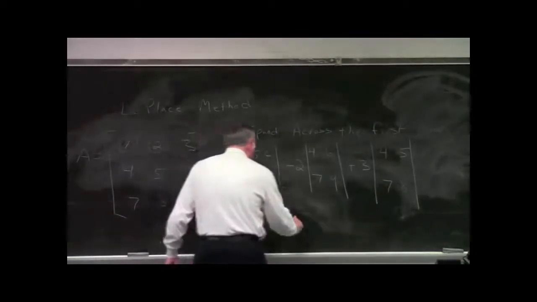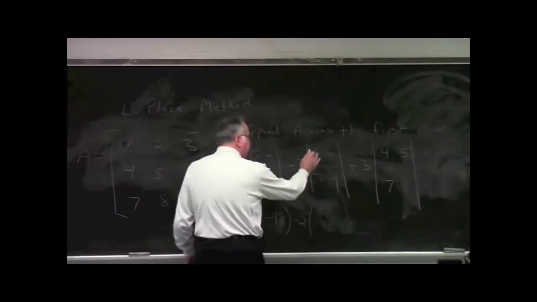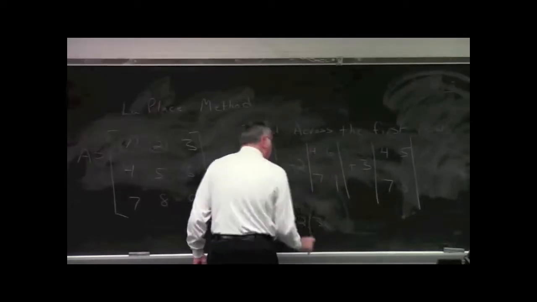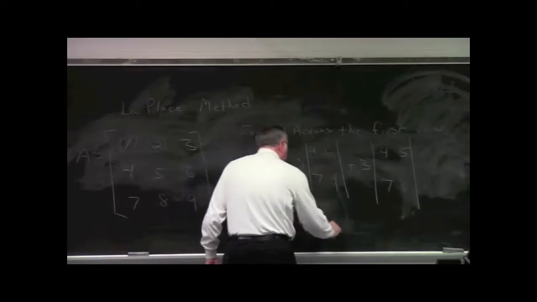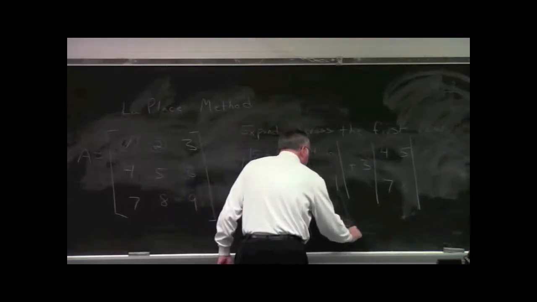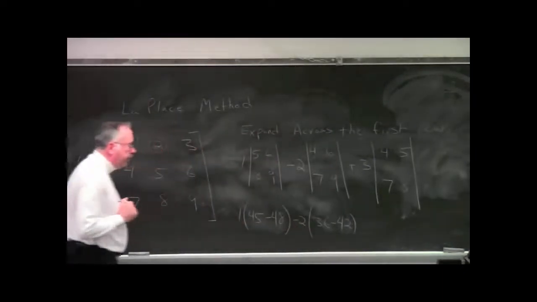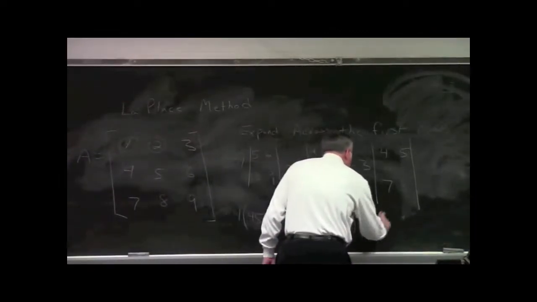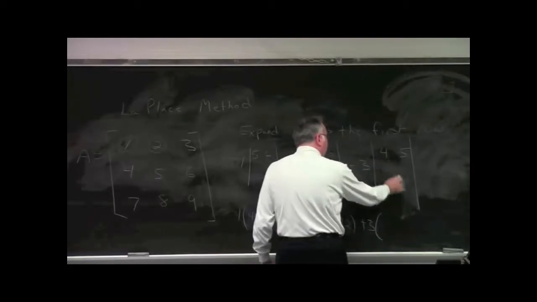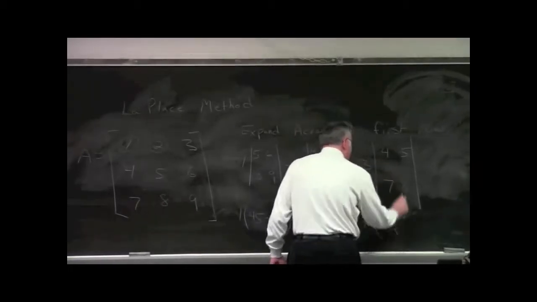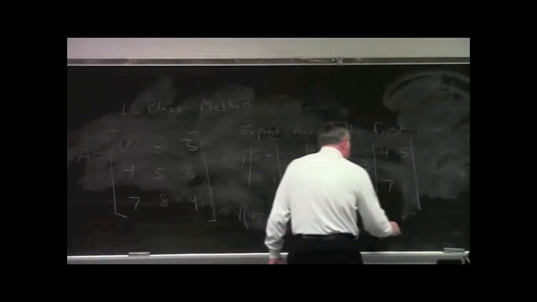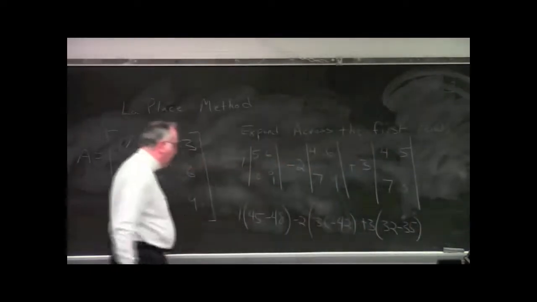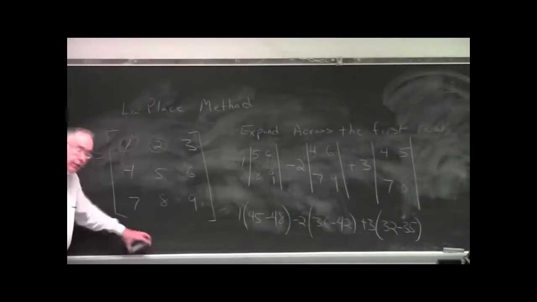Minus 2 times the value of this determinant is going to be 4 times 9 is 36, minus 42. Plus 3 times 4 eights are 32, minus 35. All right, now let's calculate these sums.